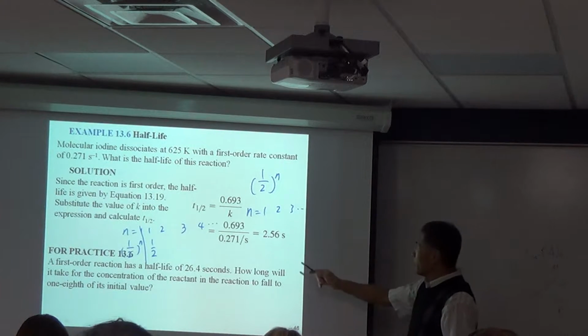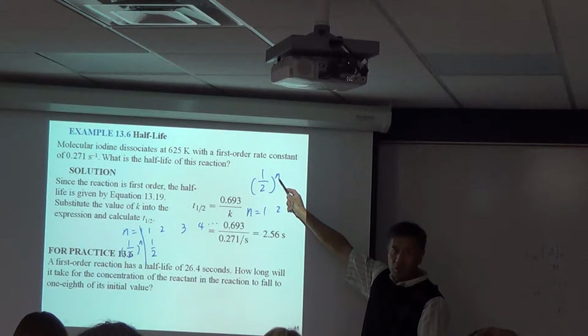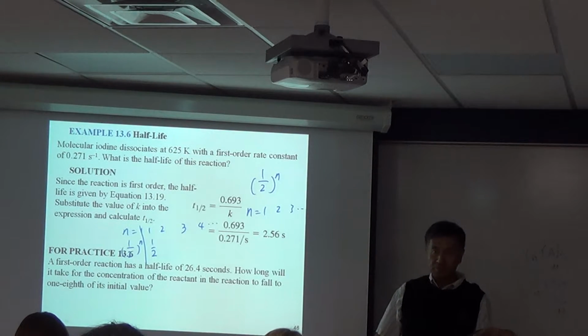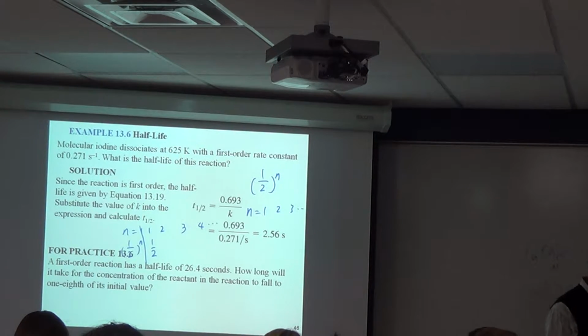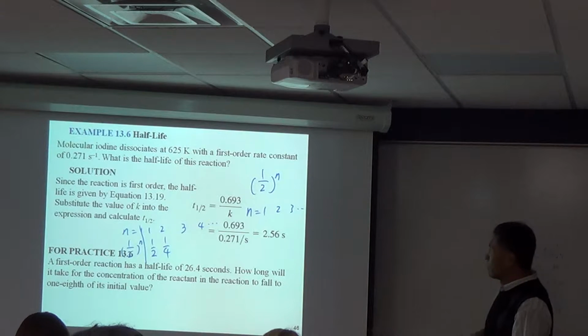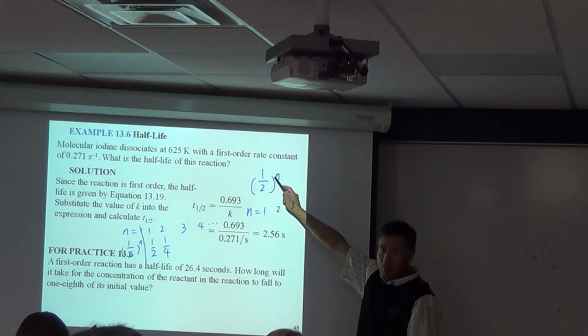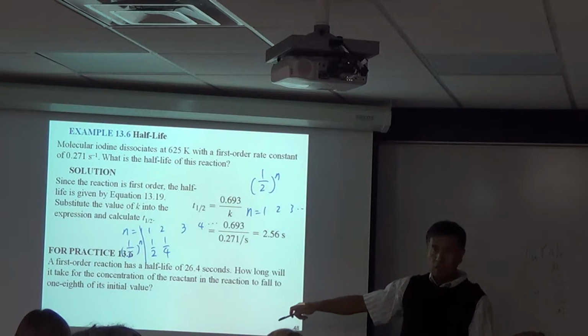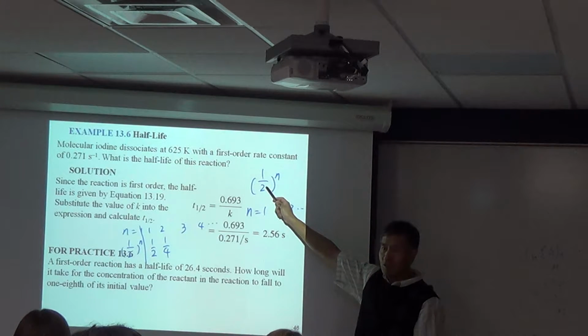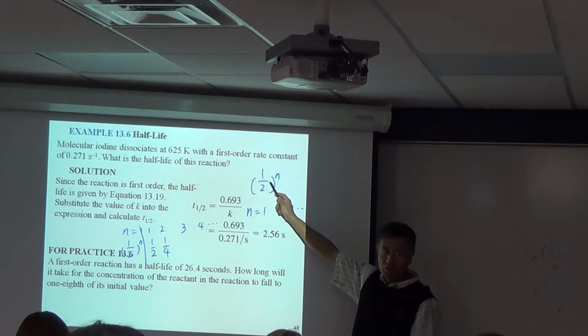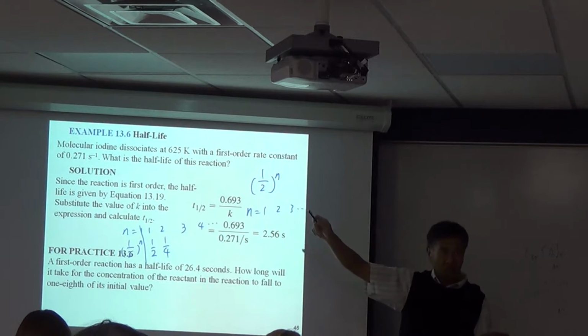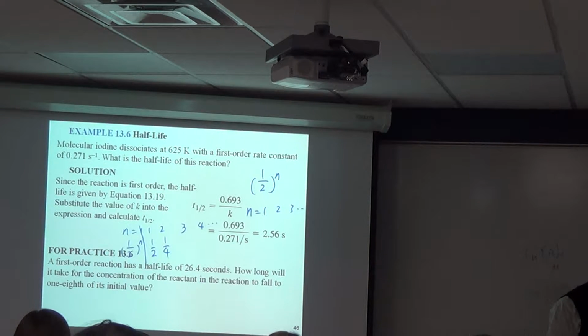What if I replace this n by 2? You get 1/4. What if I replace it by 3? You know how to do those kinds of calculations. So you will take 1 to the third power, and 2 to the third power, you get 1/8. So the next one will be what?